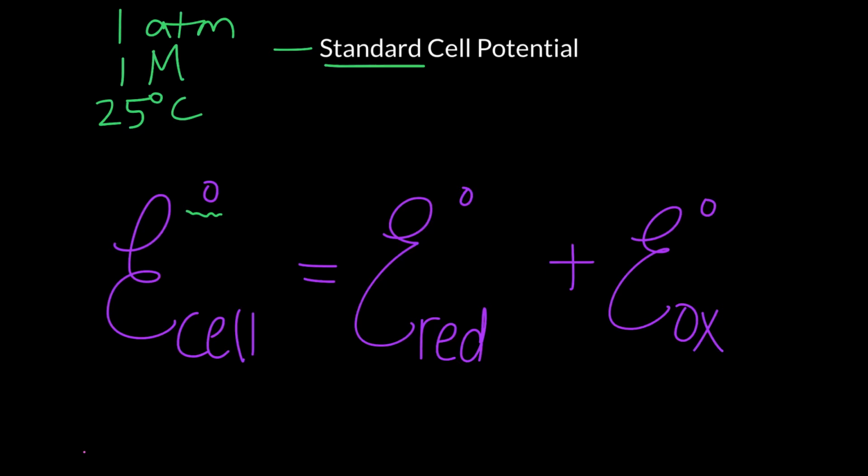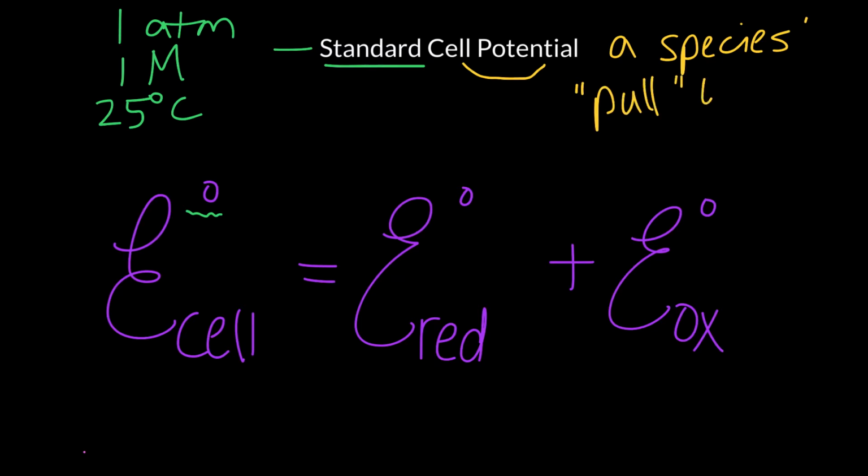The cell potential, this term describes a species, so that could be an ion or an element, and its pull on electrons. So how much pull an element or an ion has for electrons.